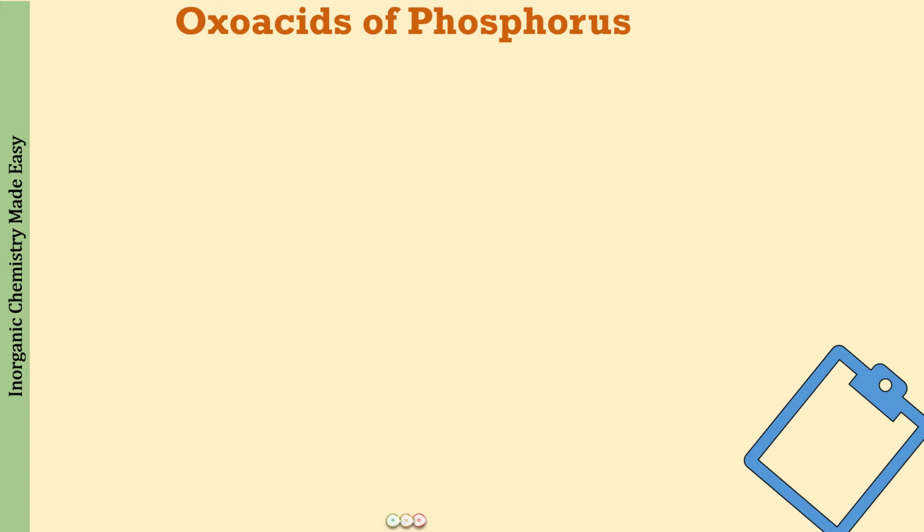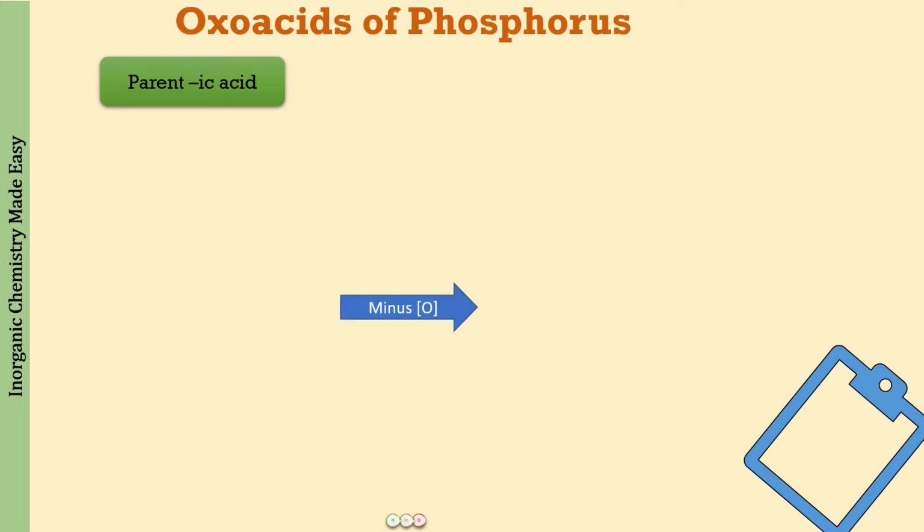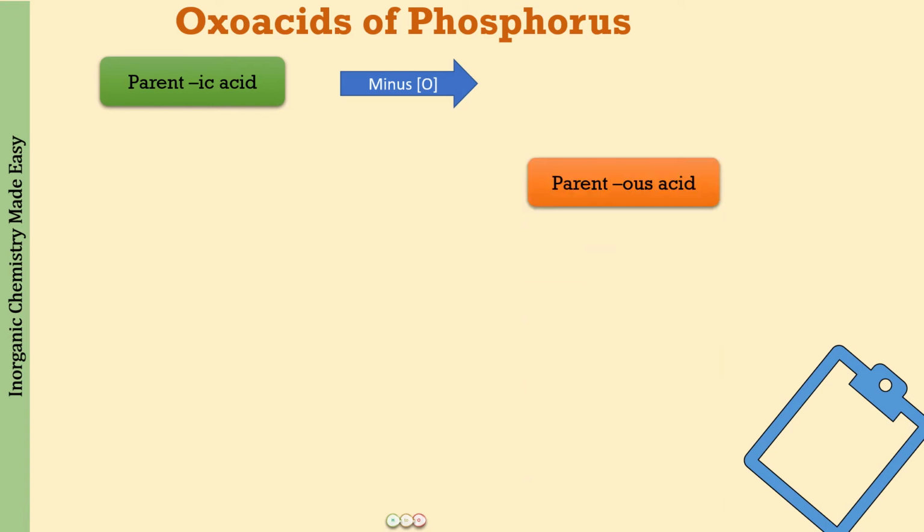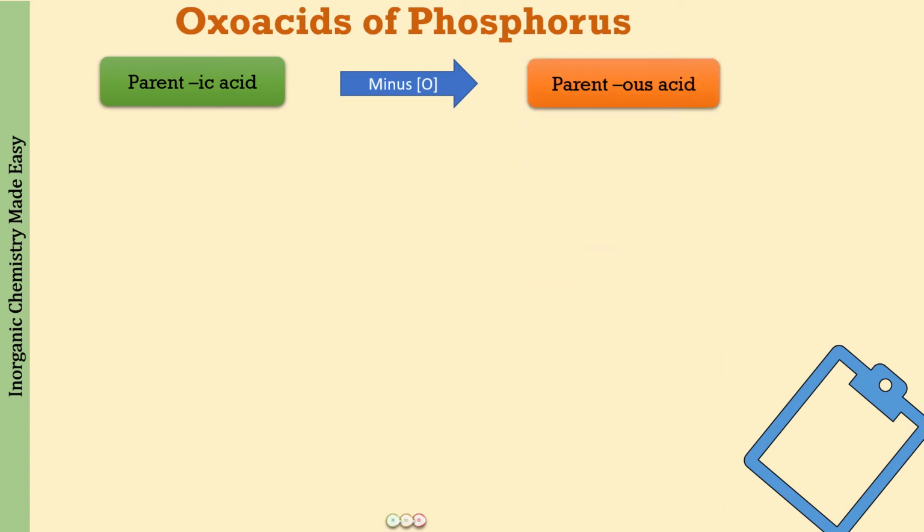So how are we going to start the naming? Well, we will be starting with the parent ic acid, because I told you, if you remember the formula of the parent ic acid, you will be able to derive the formulas for all the oxoacids. So the parent ic acid, if you subtract one oxygen atom from it, what you will get is the parent us acid.